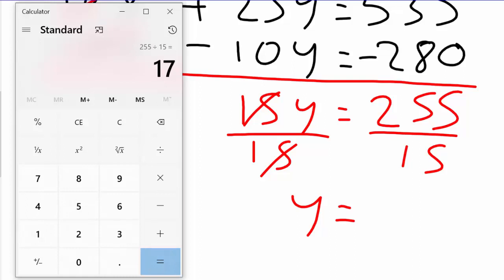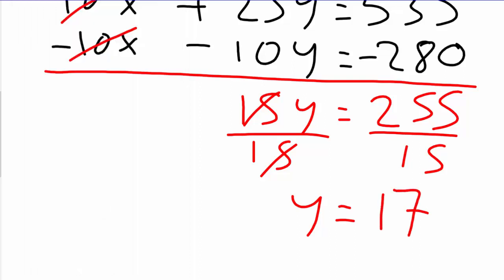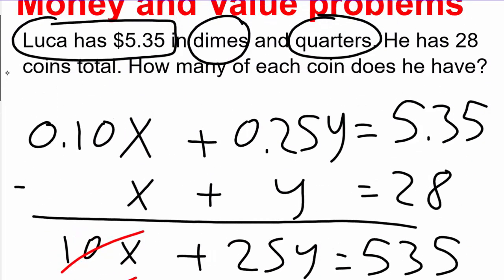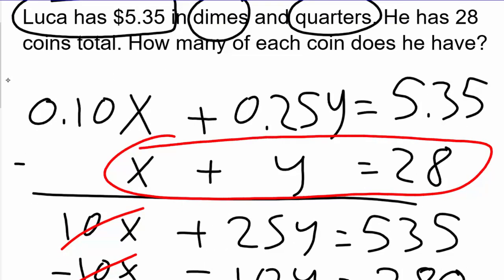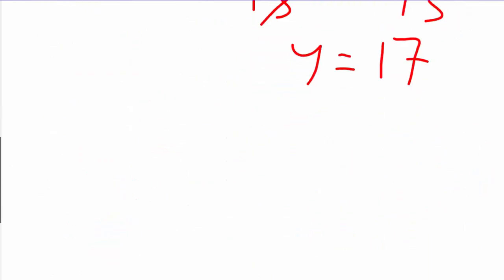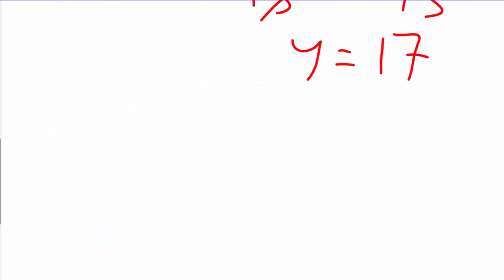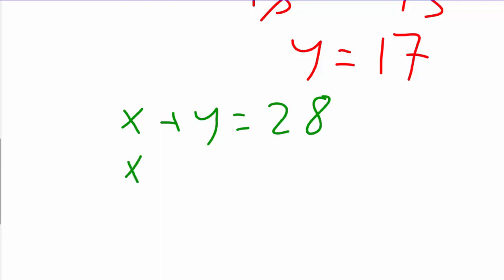So now I know y. Let's figure out the x. And which equation am I going to use? Of course, the smaller one, the less complicated one. X plus y equals 28. So let's use that. X plus y equals 28, and x plus 17 equals 28.